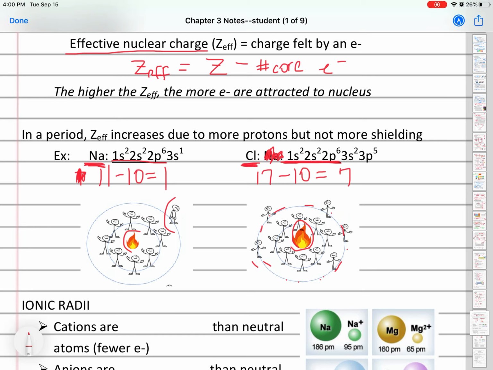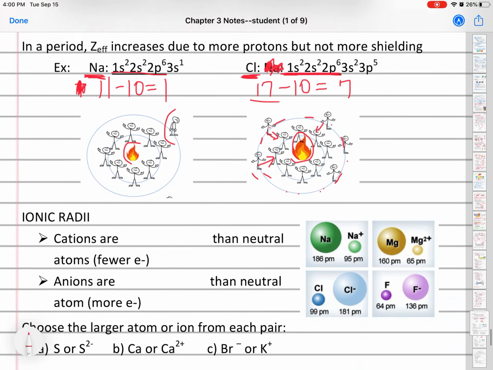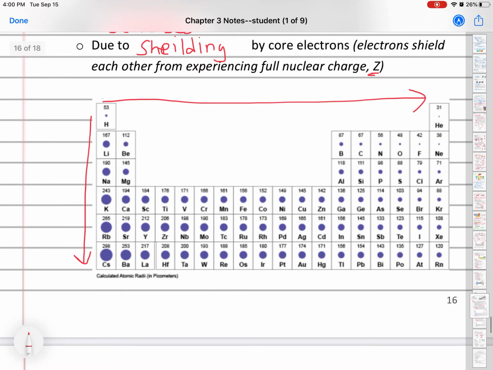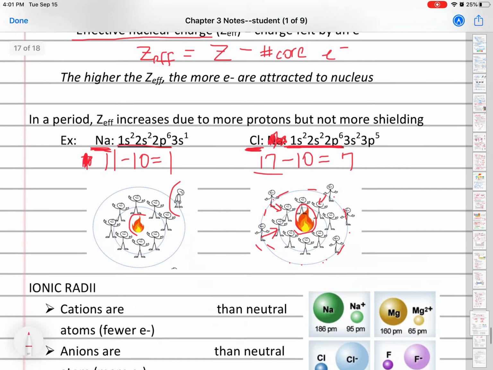So chlorine is a smaller atom than sodium, even though it has more protons and more electrons. You would think it would be bigger, but it's not, because the more protons in the nucleus pull the electrons closer. All right, so that's why you get this weird pattern that you wouldn't expect, that atoms actually get smaller as we move across the row, because the more protons in the nucleus attract those electrons tighter and tighter.